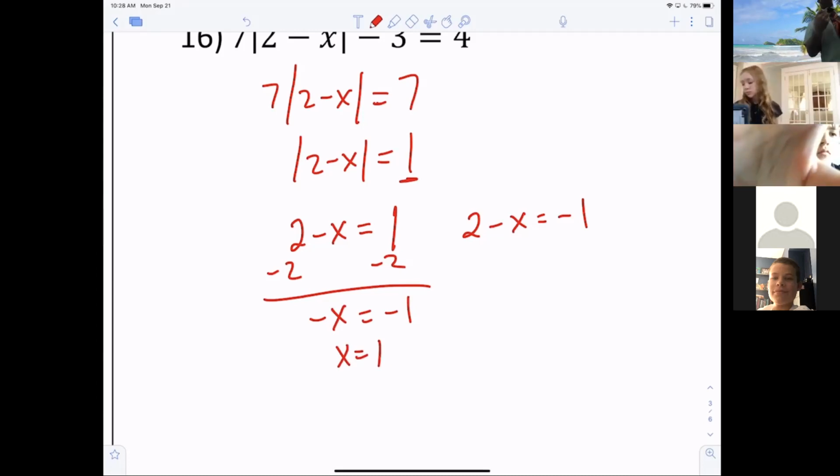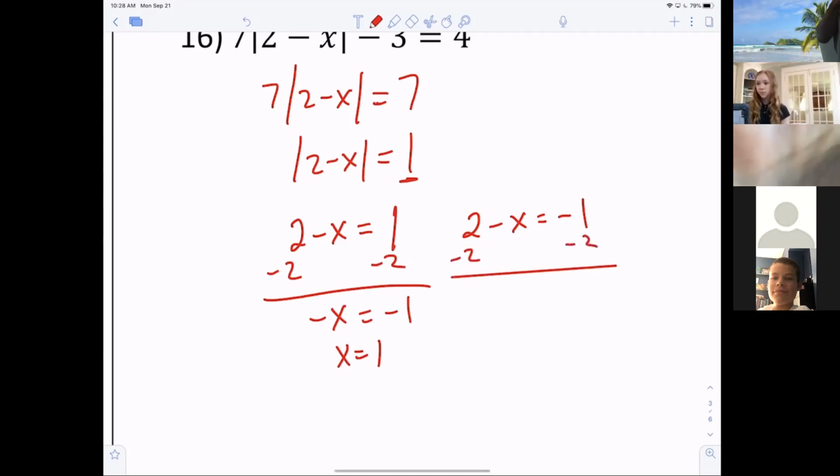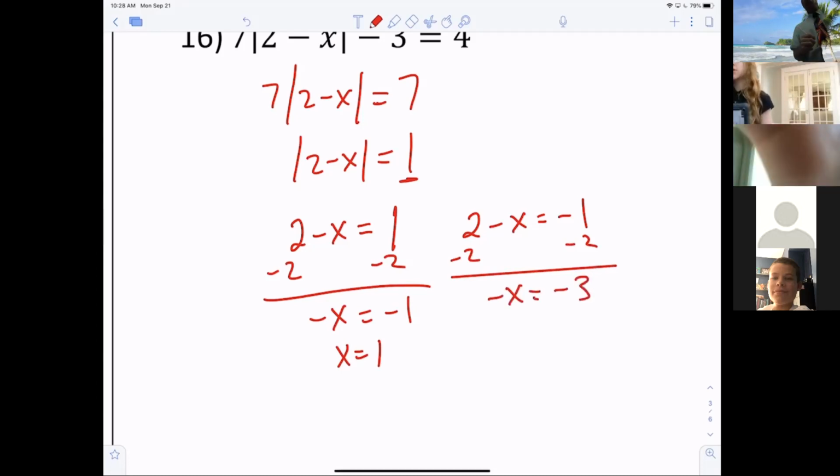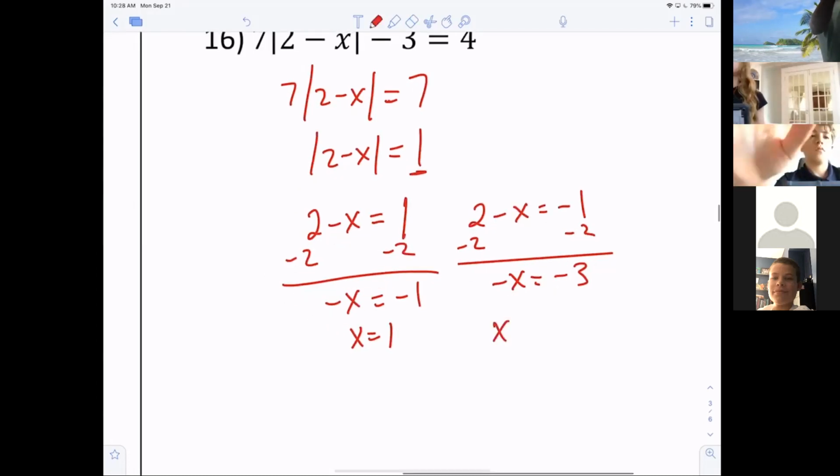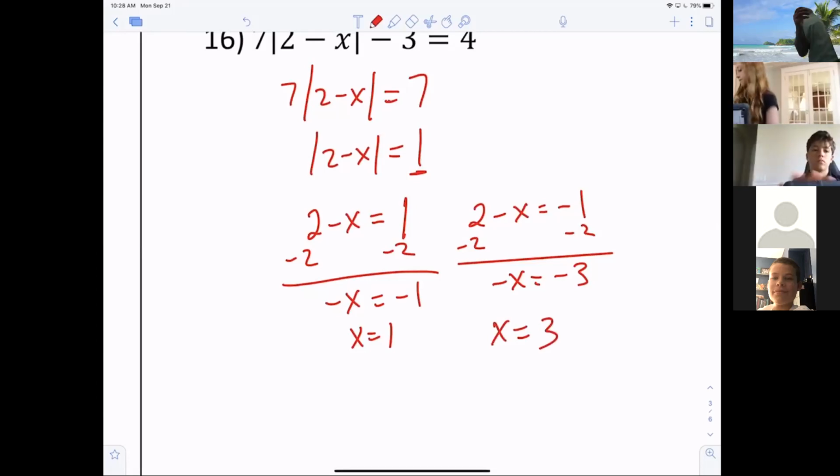Now for the second equation, what do I got? Negative x equals negative 3, and so your final answer there is x equals 3. Thank you very much. Hopefully that makes sense. All my homeschool peeps, you good? Anybody have any questions?